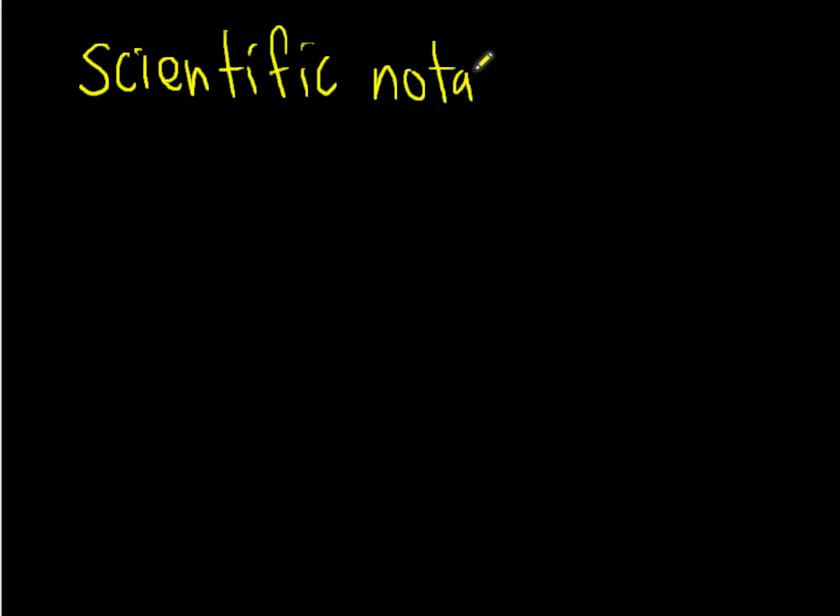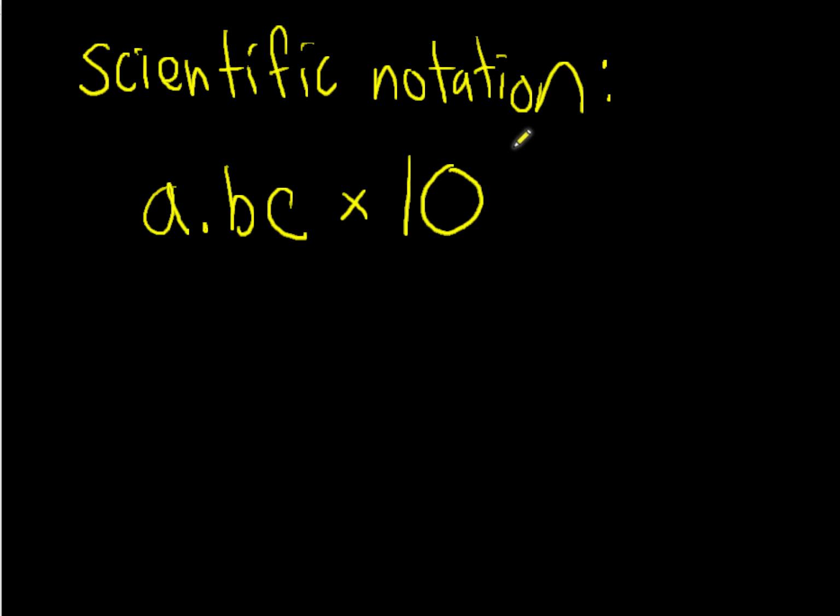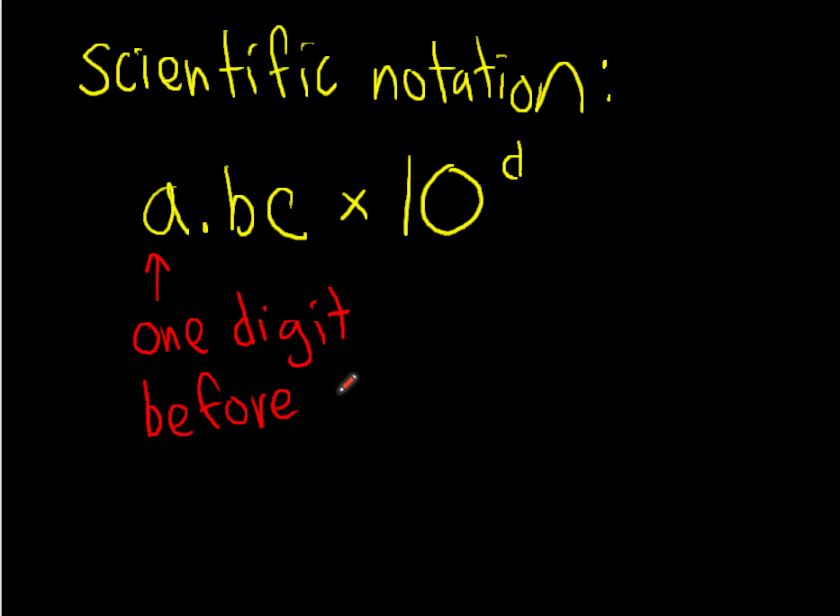The standard format for scientific notation is A.BC times 10 to the D. It is important to know that there should only ever be one digit in front of the decimal.